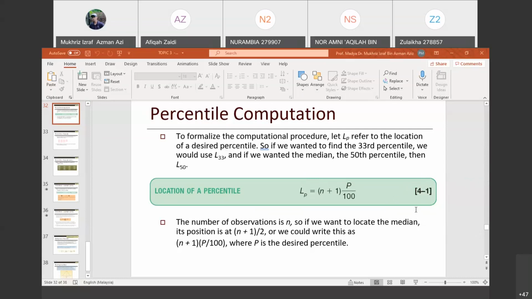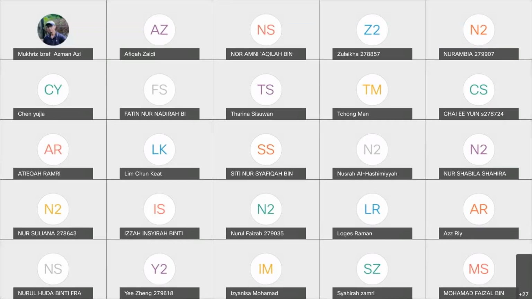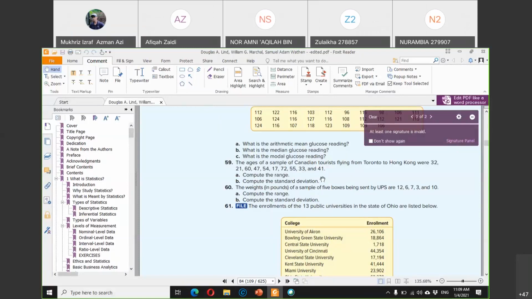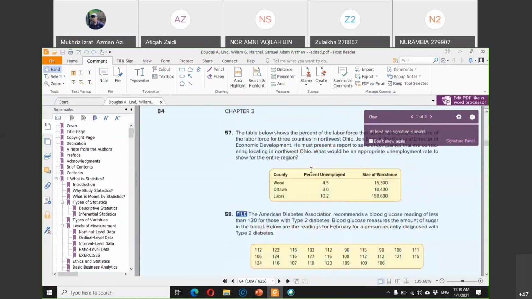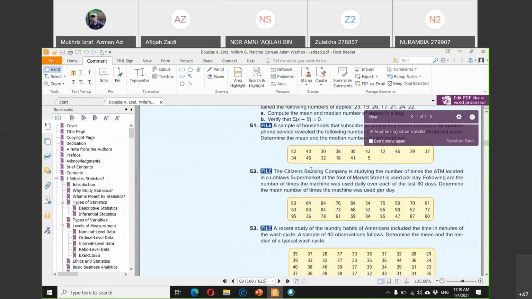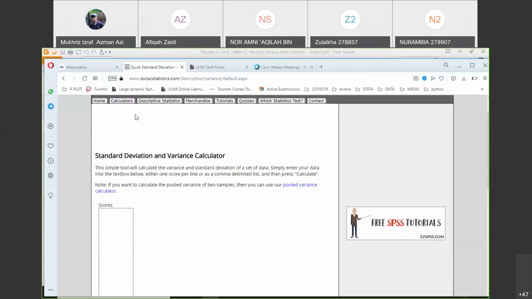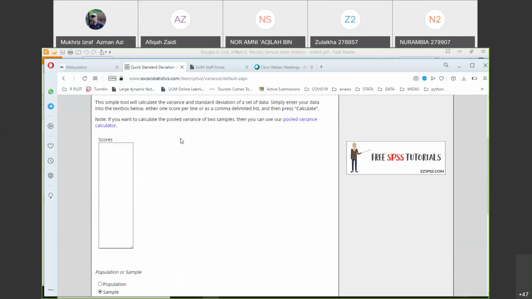Okay, refer to your textbook. We have around 15 minutes to go. Your textbook, it will be on page 84, so we start with the question. What I need you guys to do is use the variance and standard deviation calculator tool that I give you.